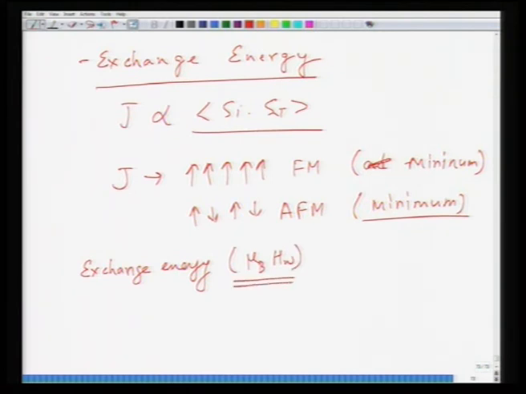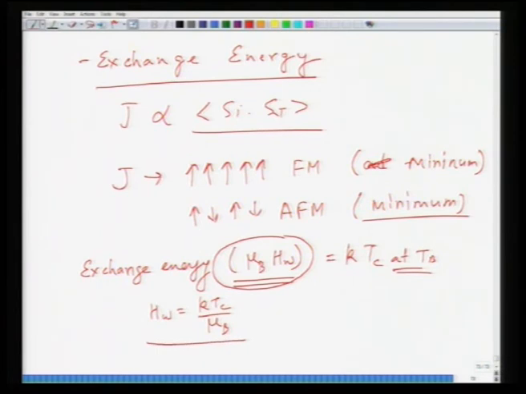If you just relate it to thermal energy kT at Tc, this HW will work out approximately to kTc divided by mu b, because at Tc this exchange energy or the internal energy will be overcome by thermal energy. So, that is where they become equal, and if you work out this HW, this is very high, about 1 kilotesla or so, and these kind of magnetic fields cannot even be produced on the best of machines in the world. So, this concept of internal field is slightly wrong in that sense.